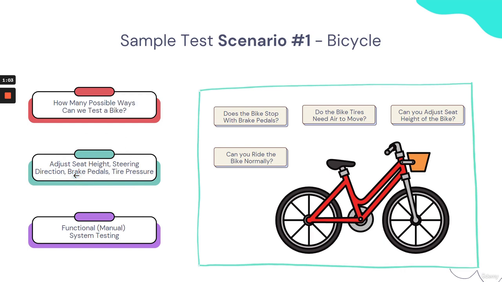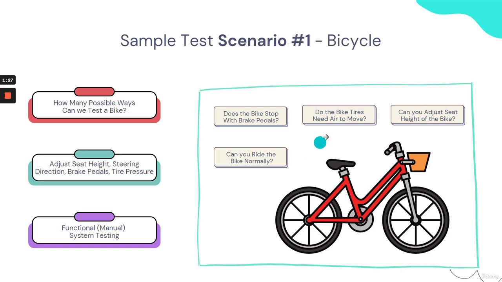Once we solidify these ideas, we look at things such as adjusting the height of the seat, steering direction of the handlebars, brake pedals, and even the tire pressure of the wheels. Then we have questions like, does the bike stop with brake pedals? Which is one test.